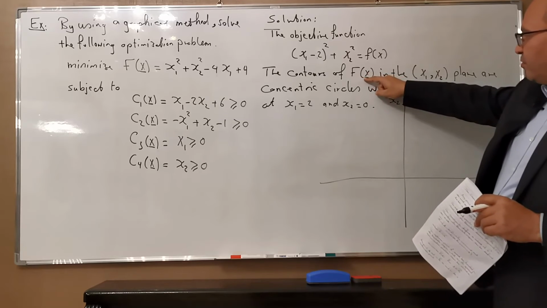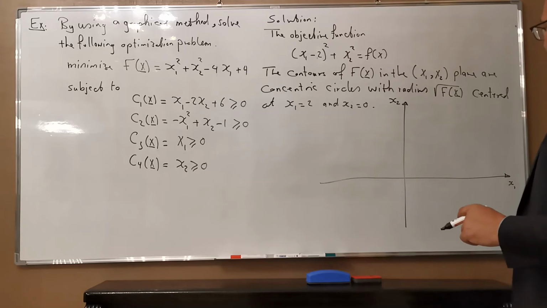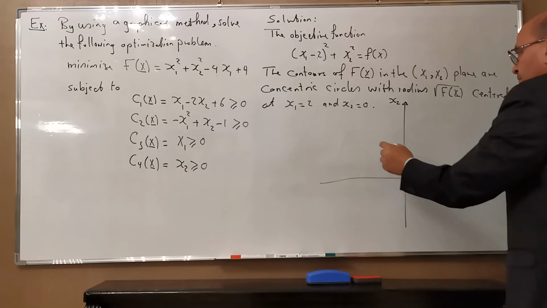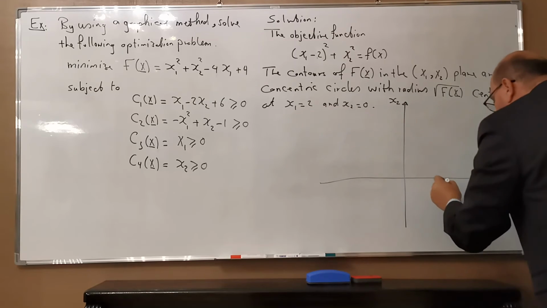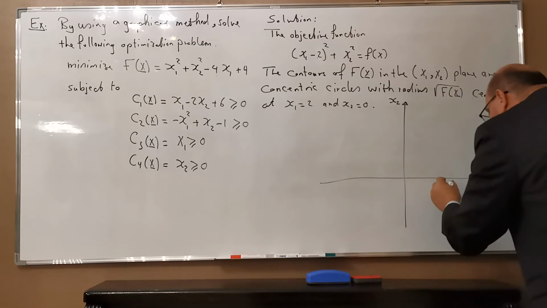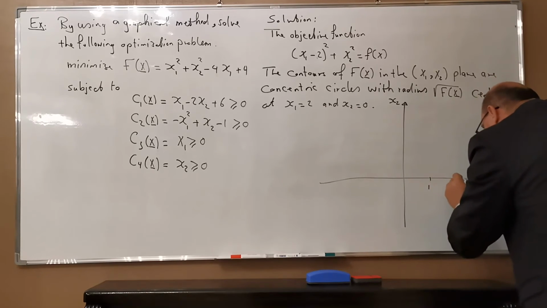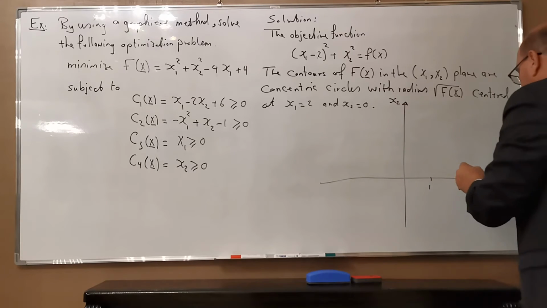For one f of x, we have a line. So the center here is x1 equals 2 and x2 equals 0.